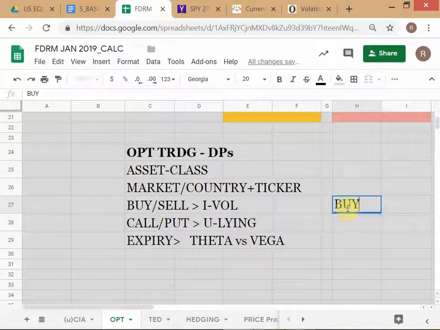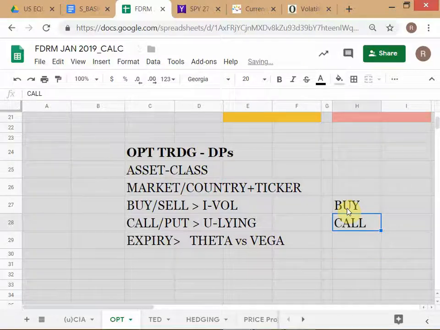Just put it as buy. So I've already decided to buy options based on this, and I've already decided to buy calls based on this. So at the earlier stages, my decisions have been buy, and here call, I've chosen calls over puts. So I've got a buy call decision here. Now I have an expiry decision to make.